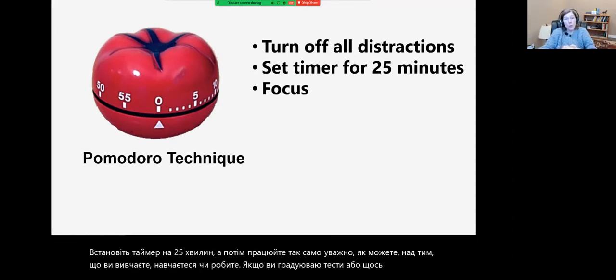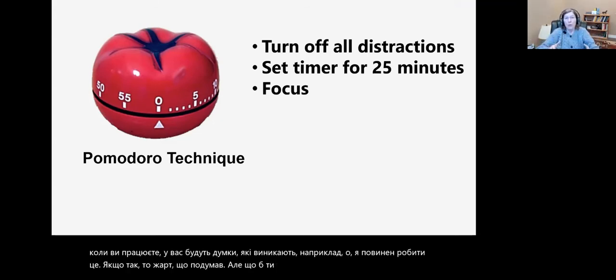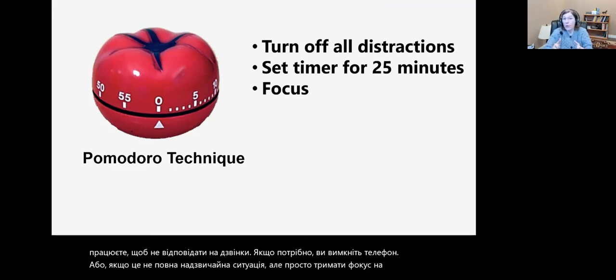As you're working, you're going to have thoughts that arise like, oh, I should be doing this. If so, jot that thought down. But whatever you do, do not stop what you're working on. So you don't answer phones. You turn off your phone if needed, unless it's a total emergency. But just keep your focus on your work as intently as you can for those 25 minutes.